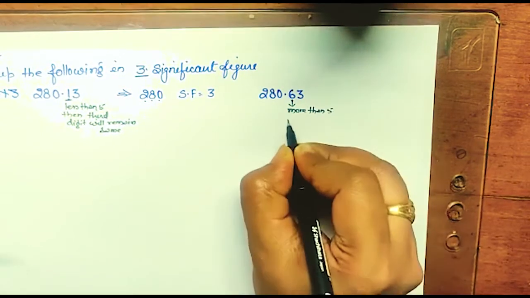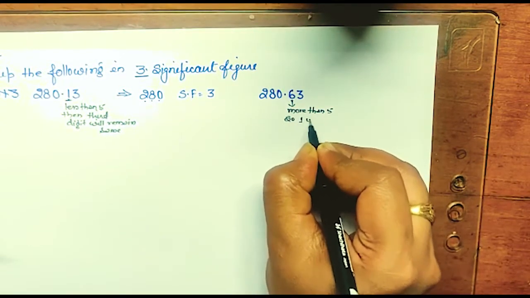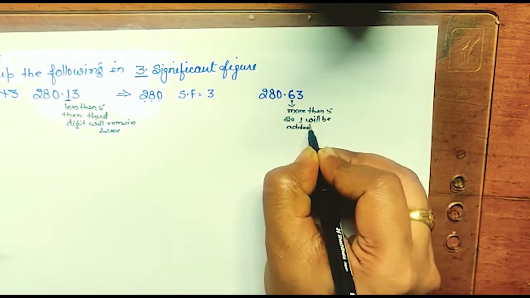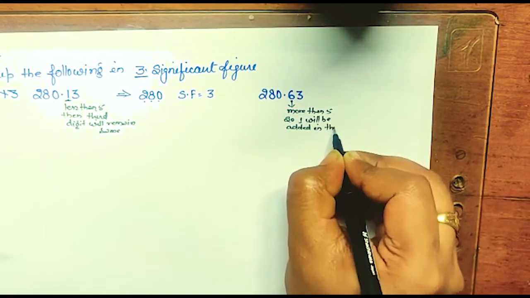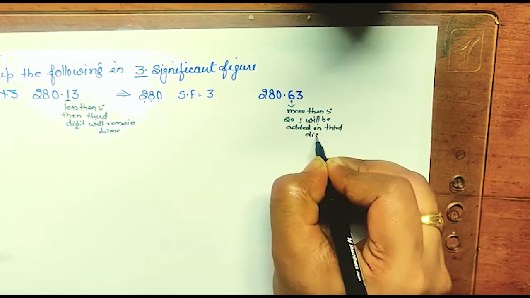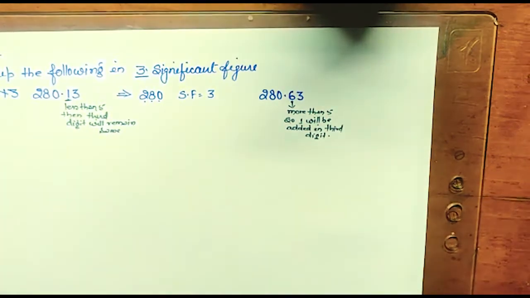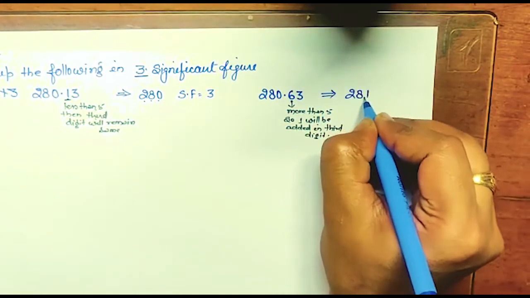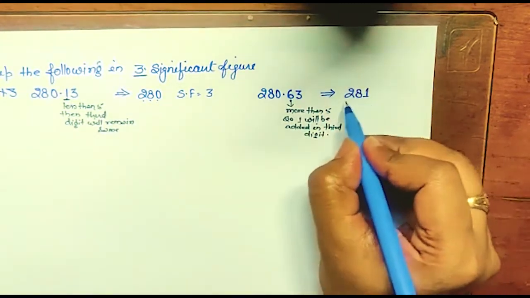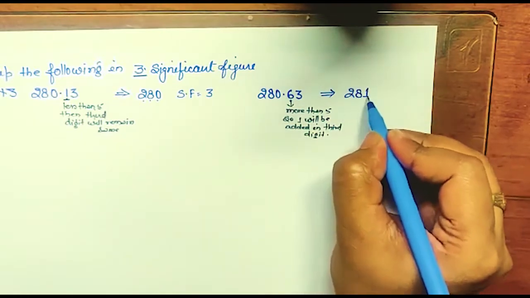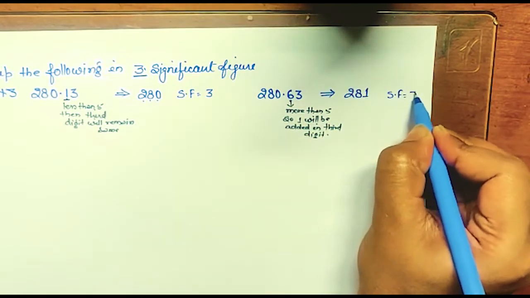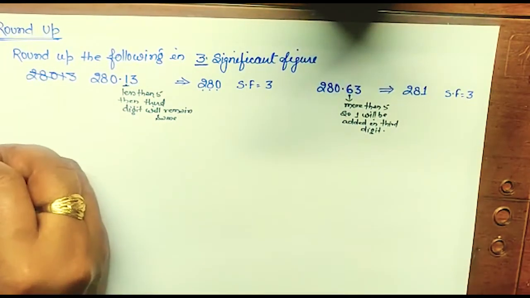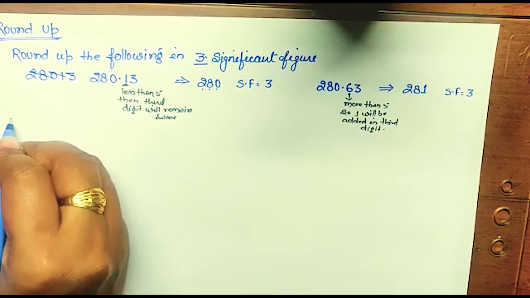More than 5, so 1 will be added in the third digit. Clear? Okay, so what will be the rounded figure for this? 281, isn't it? And how many significant figures over here? 1, 2, 3. Any doubt in this?